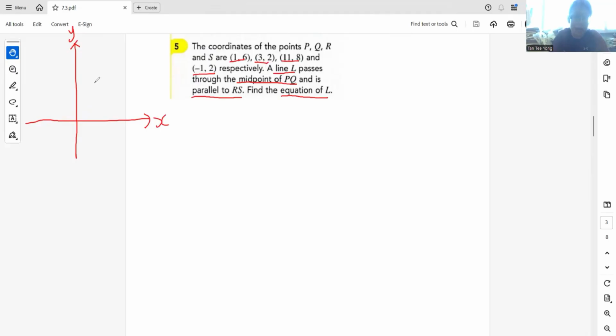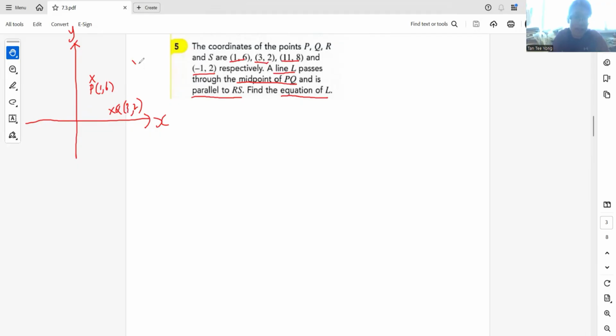Let's plot P. Let's say P is here. So this is P. Q is probably around here. So P is (1, 6), then Q is (3, 2). R is probably around here.